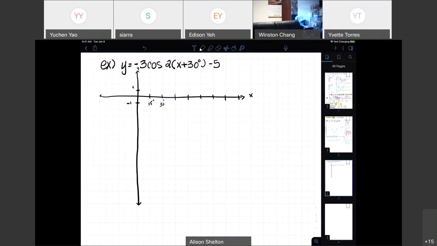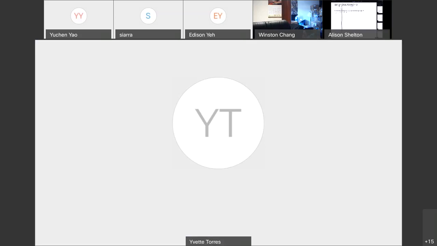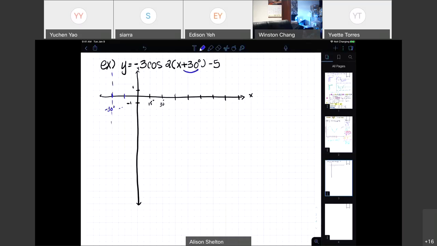So our first step is we want to move the axes. I noticed that we have plus 30 here, so I'm going to go minus 30 degrees, which is right here, and make my dotted line. And then I see that I have -5.